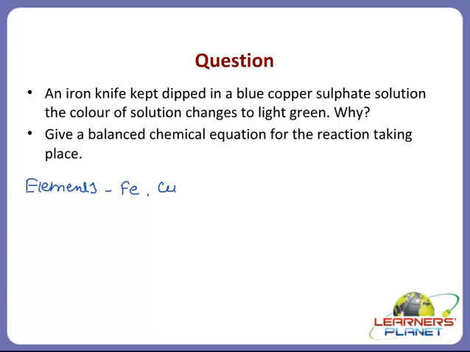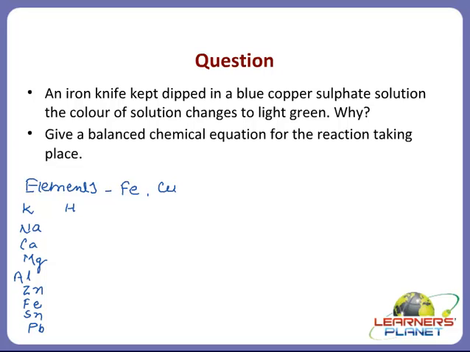What you must remember here is the reactivity series again. So let's write the reactivity series of metals. It is potassium, sodium, calcium, magnesium, aluminium, zinc, iron, tin, lead, and after that comes hydrogen.